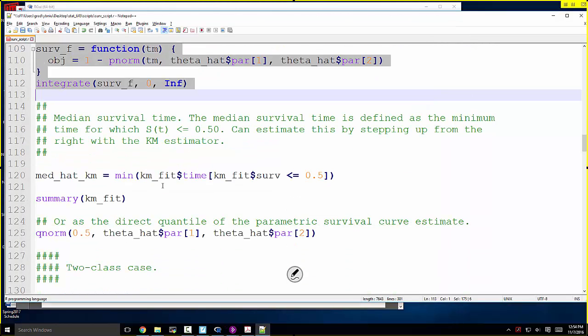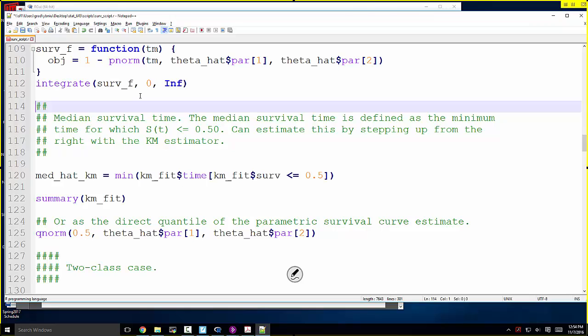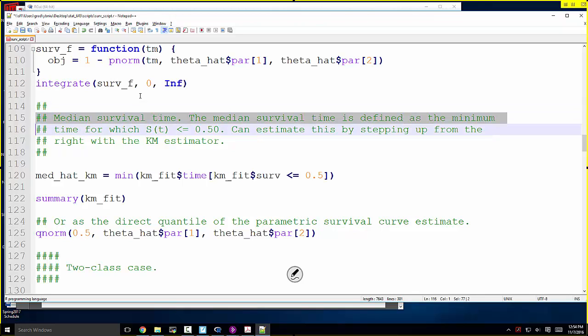So mean survival time is useful. So would be median survival time or any percentile. So for example, the median survival time, how could we get that? The way we would define it is median survival time is the minimum time for which the survival probability is less than or equal to 0.5.